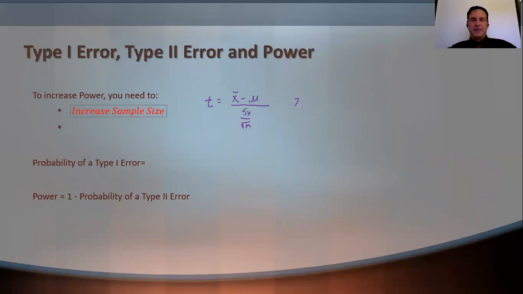And the other one, dealing with z from 9.2, was p hat minus p divided by the square root of p times 1 minus p over n. And if you think about your normal curve or your t distribution, they all look kind of similar. What I'll do is describe this curve with both of these equations.